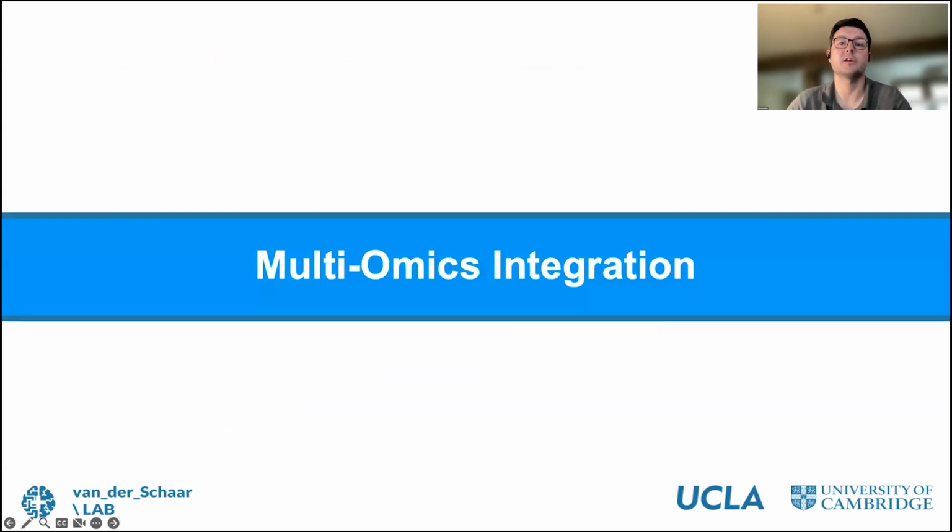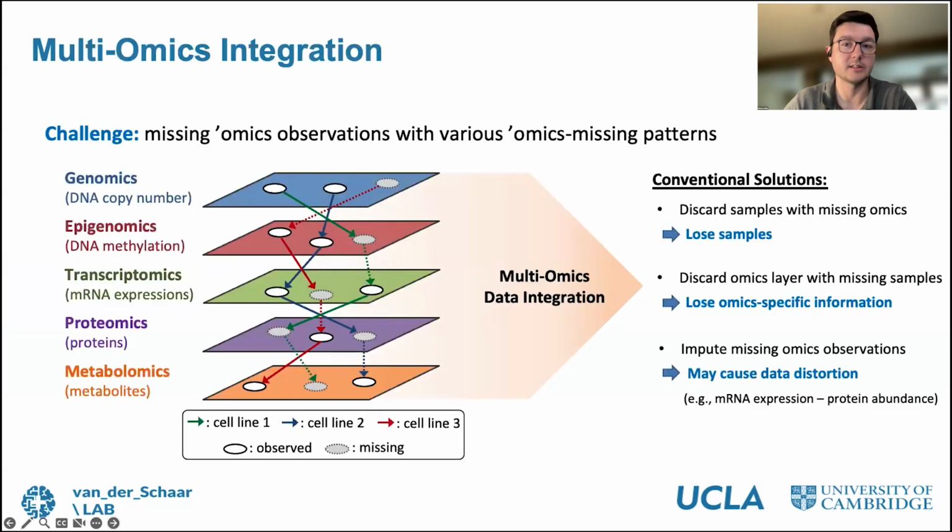Finally, I want to turn our attention to multi-omics integration, which is one of the most significant challenges that exists in this area. And one of the challenges that Professor Foto identified in particular in his presentation was how to integrate and learn from multi-omics data, and in particular when we have missing omics observations and various missingness patterns across different samples.